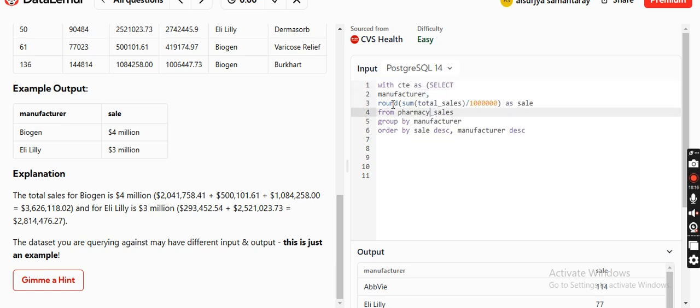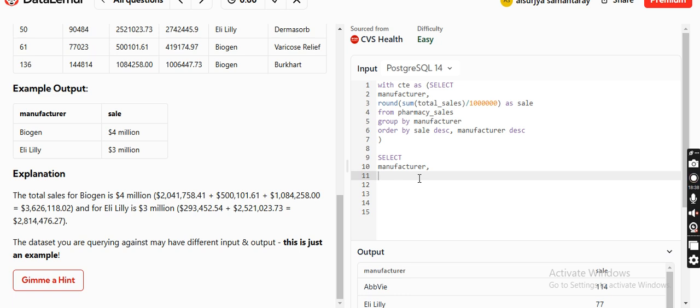CTE. Select manufacturer, comma. Now this part is different. So unit dollar value space and million.